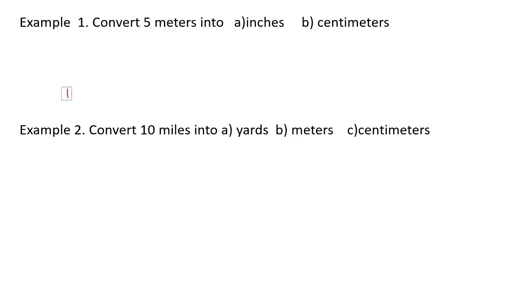Convert 5 meters into inches, 10 centimeters. So what you do here is simply write the solution. So you have 5 meters equals 5 meters times 3.28 feet per meter times 12 inches per foot.